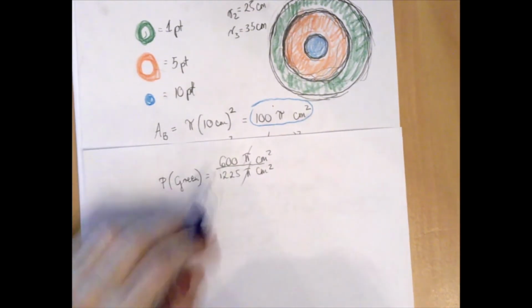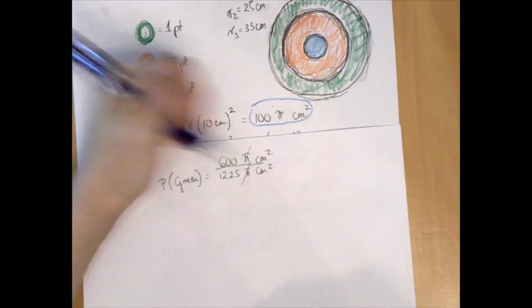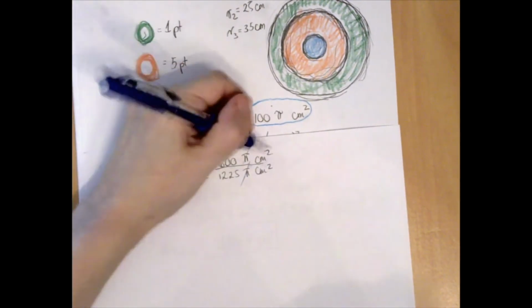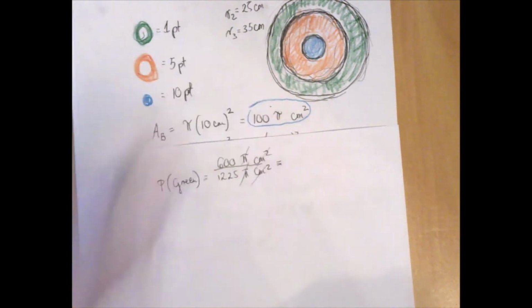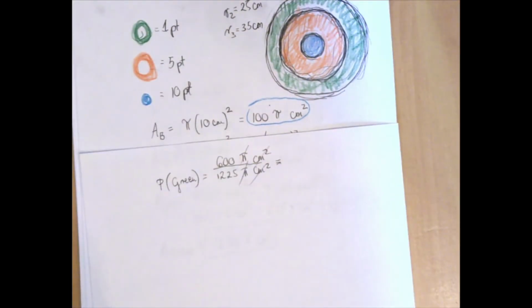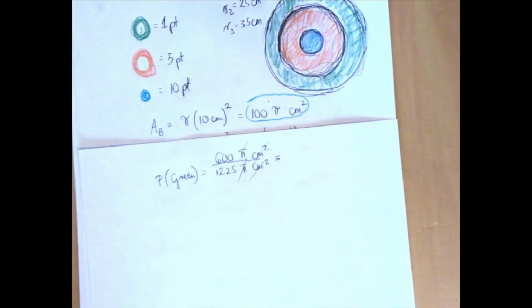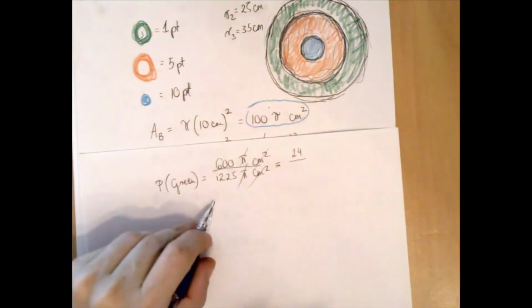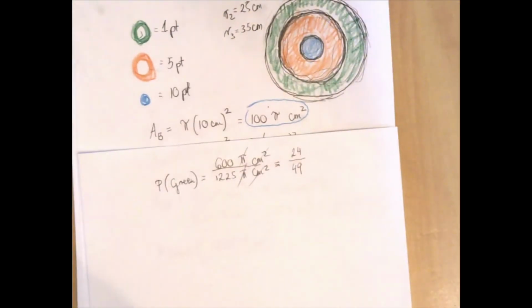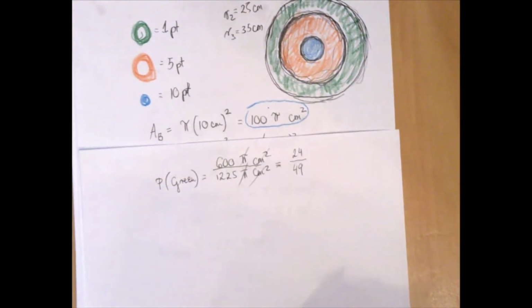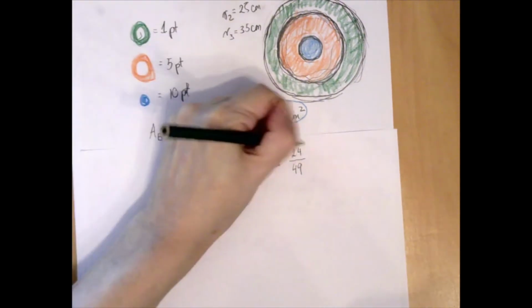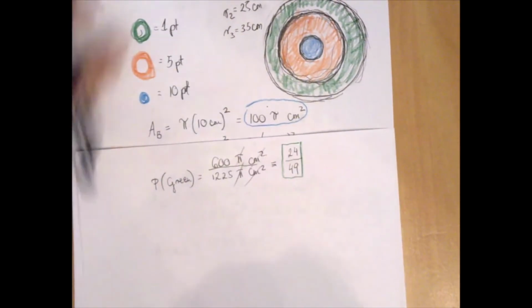So it's good to stay with the abstract. We have a fraction that's less than 1, which is always encouraging for a probability. Both are divisible by 25: 600 is 24 times 25, and 1,225 is 49 times 25. So the probability of landing on the green region is 24/49.